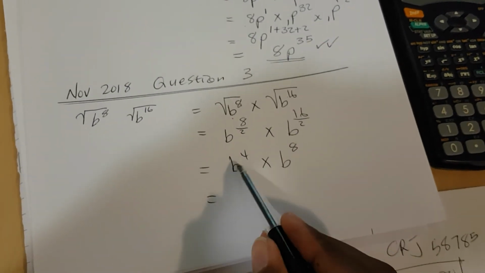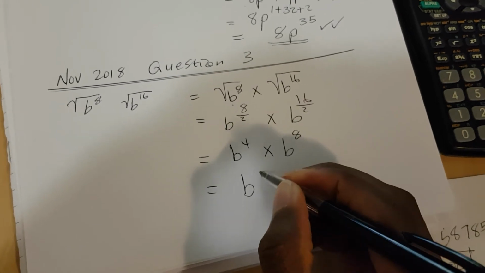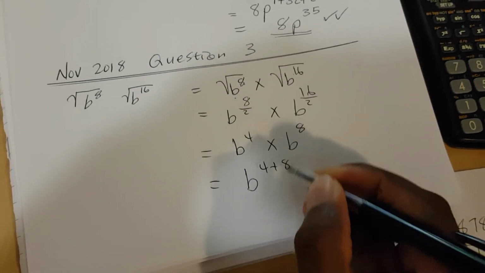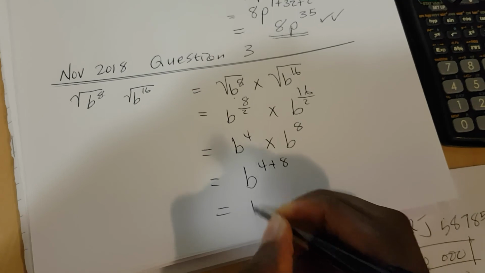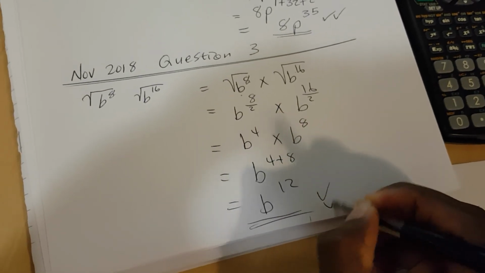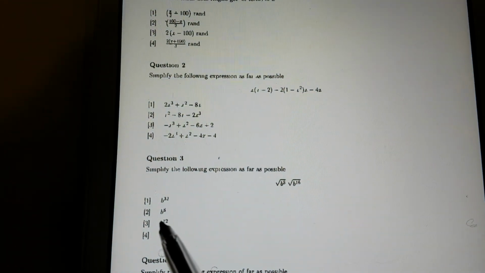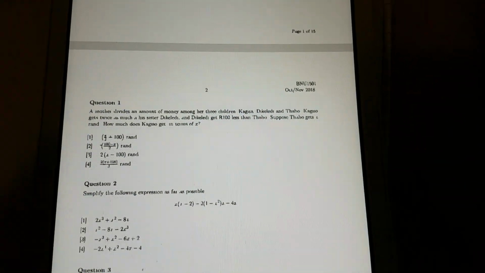Now that we know that when we multiply like terms we add their exponents, it's b to the power of 4 plus 8. So our answer will be b to the power of 12, which is option number 3 for October, November 2018.